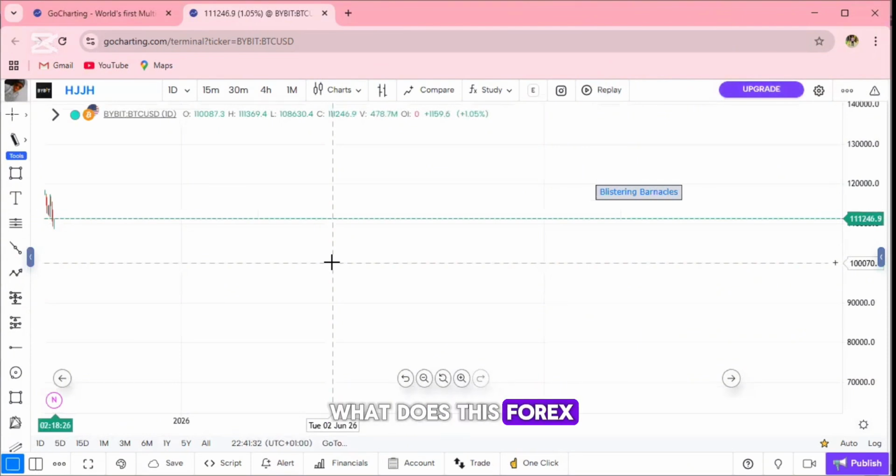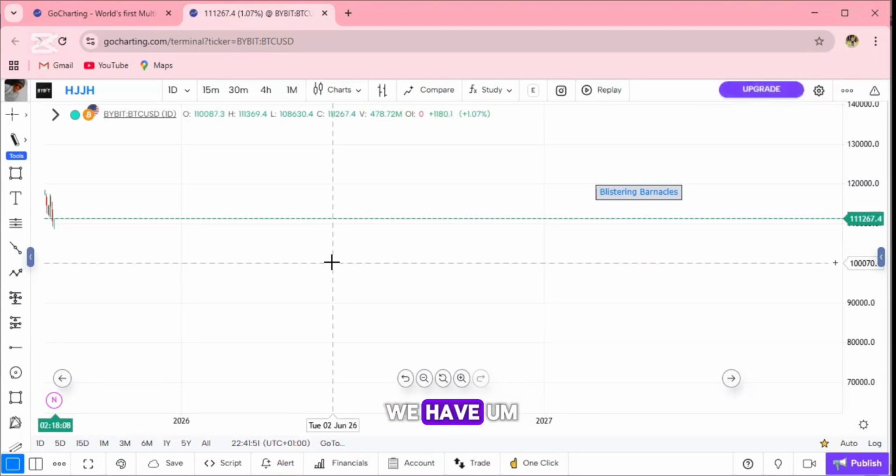So how does Forex work? How does it operate? It is just a global market whereby you can buy and sell assets. What are the assets we are buying or selling in the Forex market?